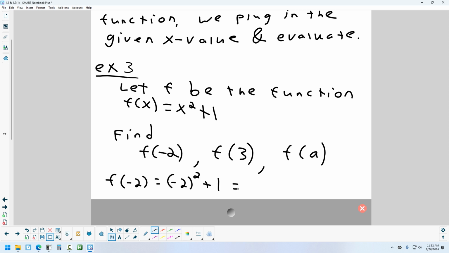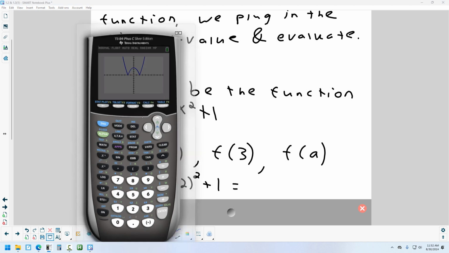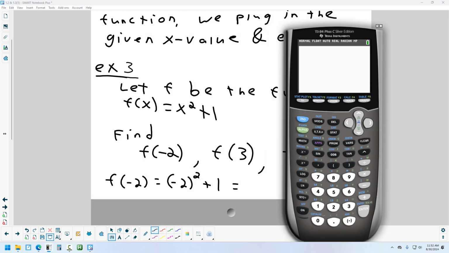If you don't put a negative in parentheses on the graphing calculator when you square it, it won't do it the right way. So whenever you have a negative number, we're going to put it in parentheses. And I'm sure people could figure this out, but I just want to show you how to do it. Just like that. So when you plug in -2, you get 5.